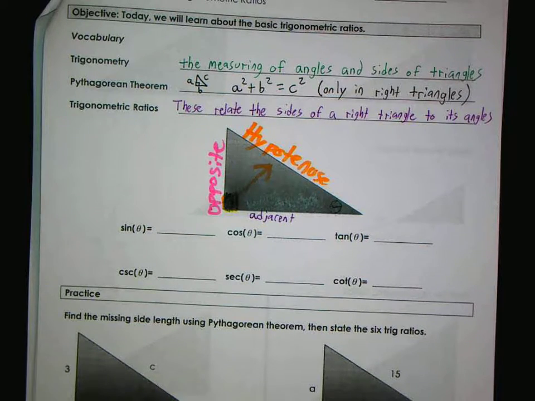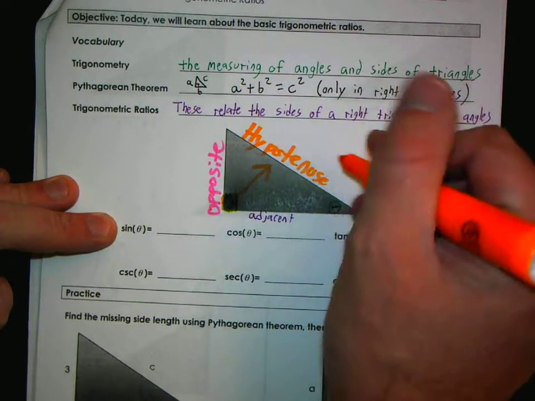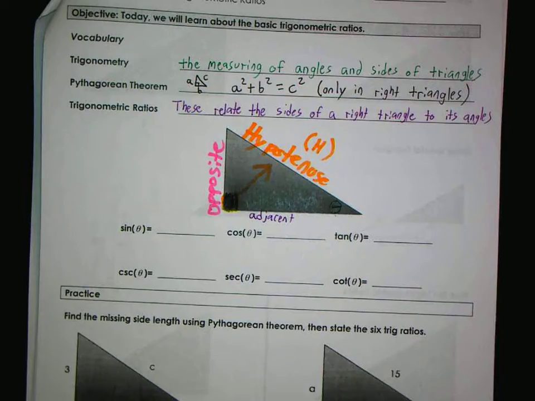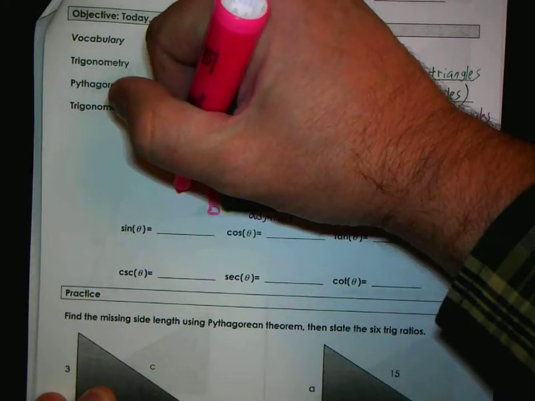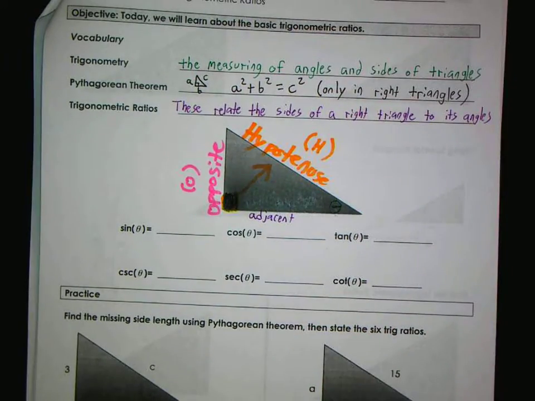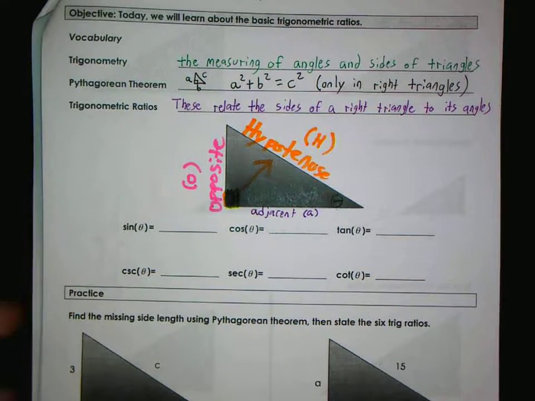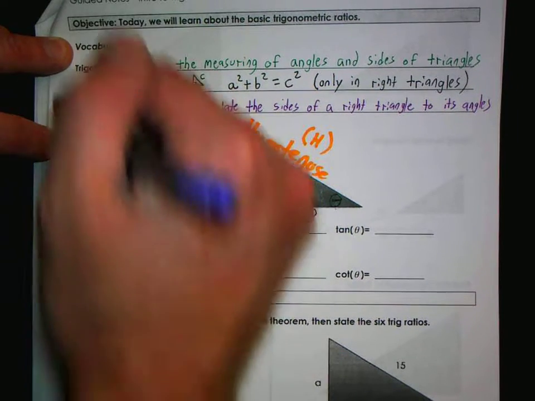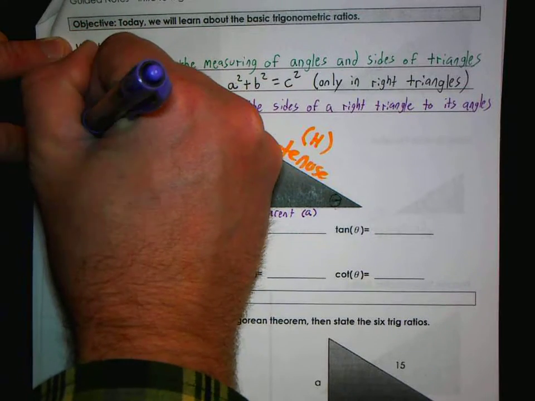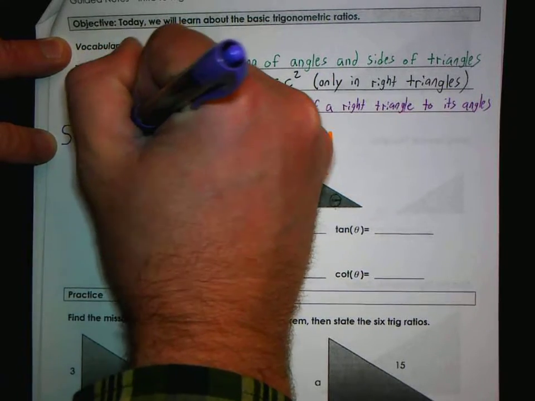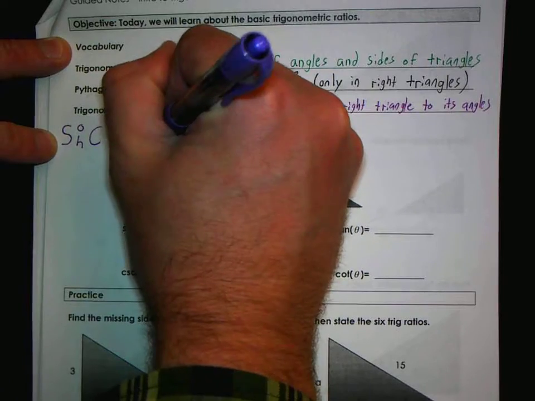Okay, abbreviations. I usually just use H for hypotenuse. You could probably guess I use O for opposite. And I use A for adjacent. So now this word comes to mind, and I have this memorized.